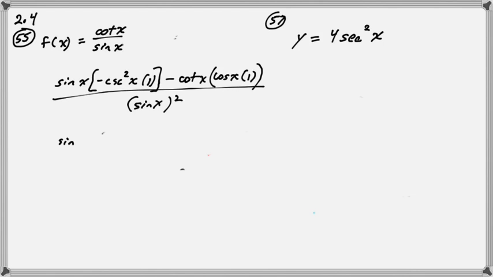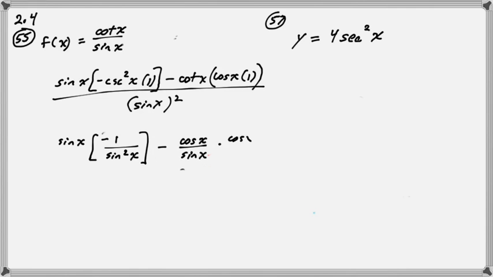We have sine of x times cosecant is 1 over sine squared, isn't it? Cosecant is 1 over sine, but because it's squared. Minus, what's cotangent? Cosine over sine, right?